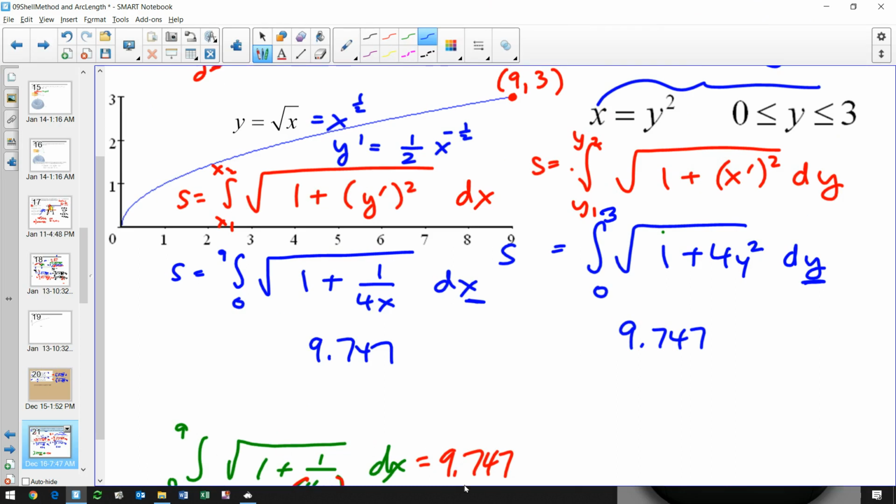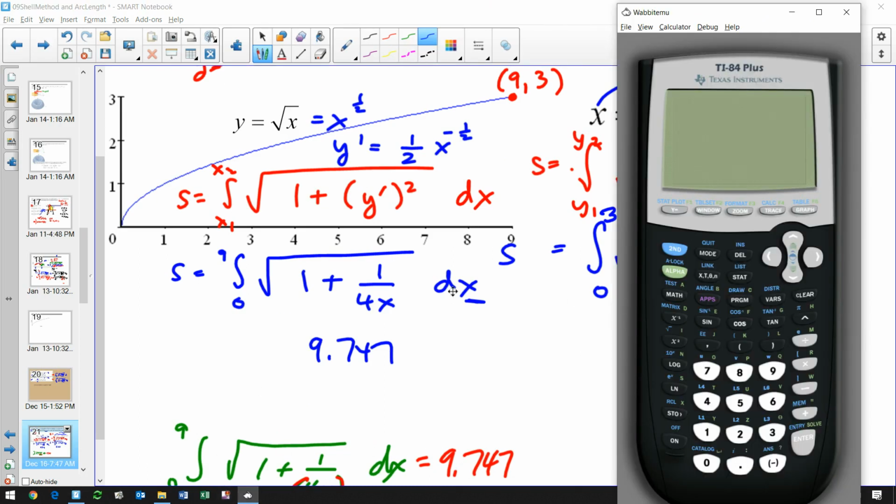So go to your calculator. I'm going to do the left side first. It's going to be a math 9. I'll go from 0 to 9. This will be the square root.